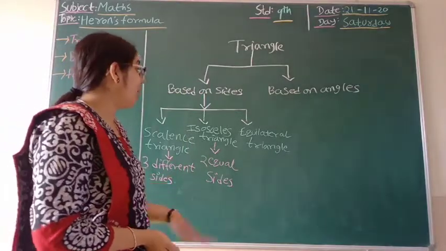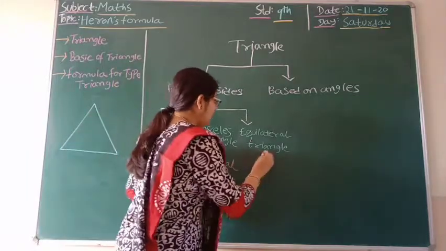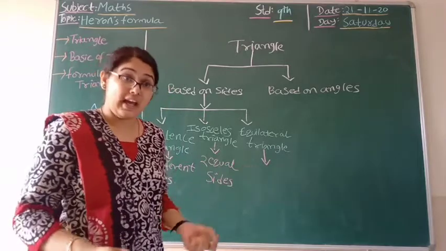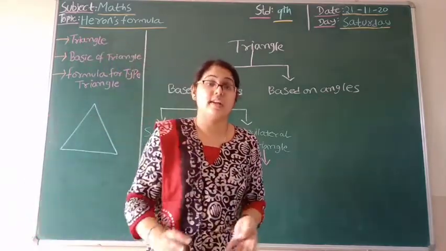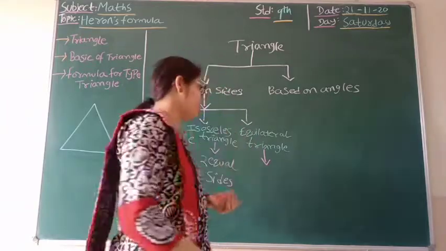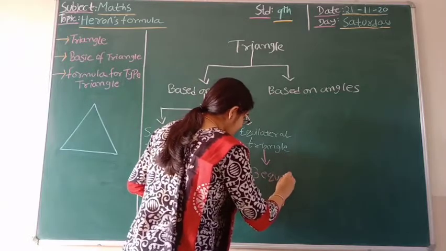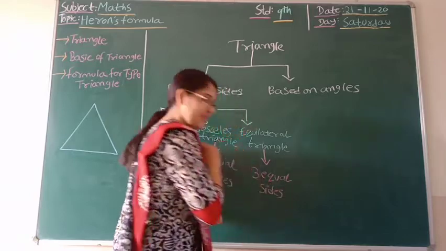Now we will talk about the equilateral triangle. So students, an equilateral triangle has three equal sides. I am writing here: three equal sides.